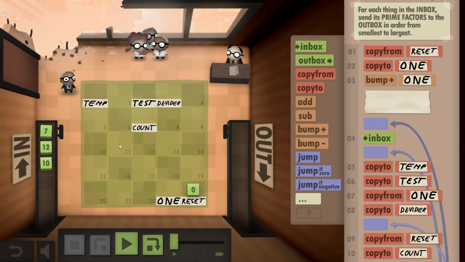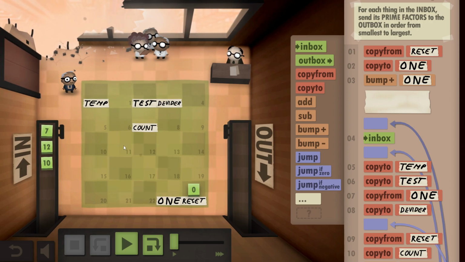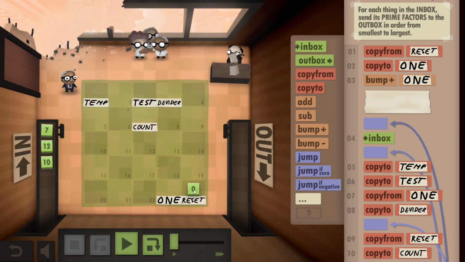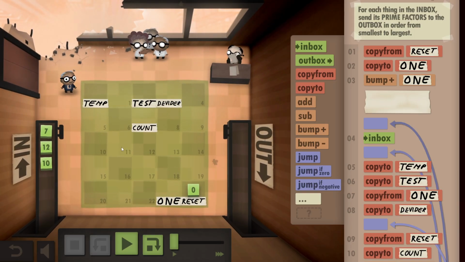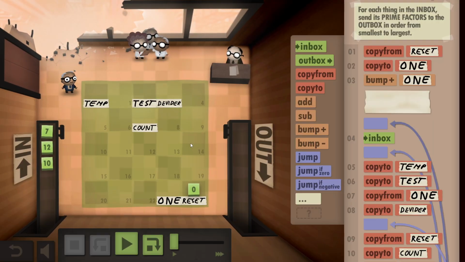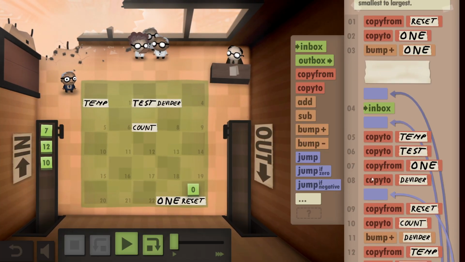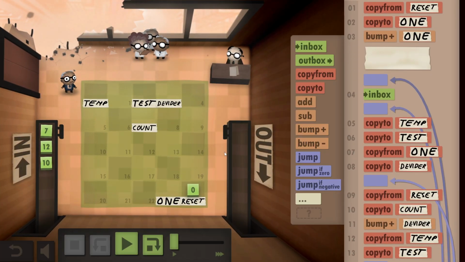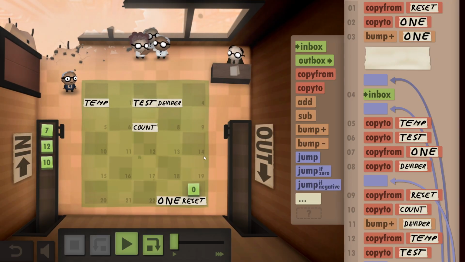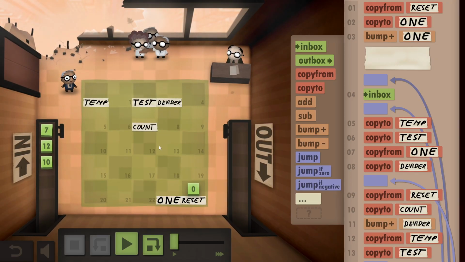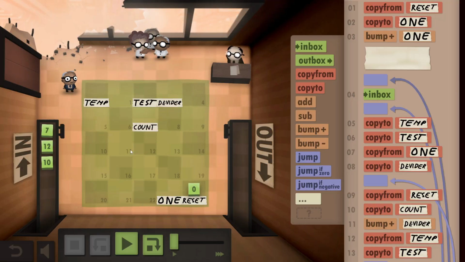There are ways, right? You place 2, you place 0 here, make 2, place 2 here, bump 1. And then you do the whole math in this section here. And then somewhere we need to figure out where we would do the check, right? This reset is a little bit scary. That could do it.